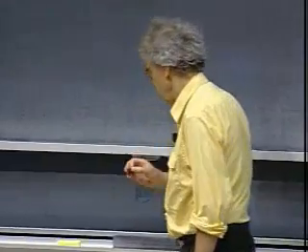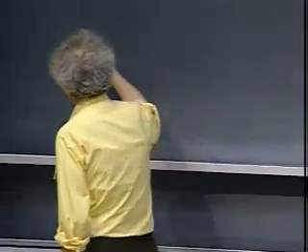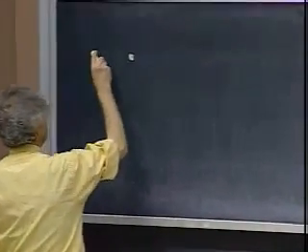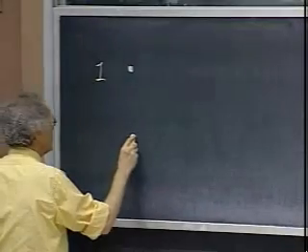Very characteristic for waves are interference patterns which are produced by 2 sources which simultaneously produce traveling waves at exactly the same frequency. Let this be source number 1 and let this be source number 2.